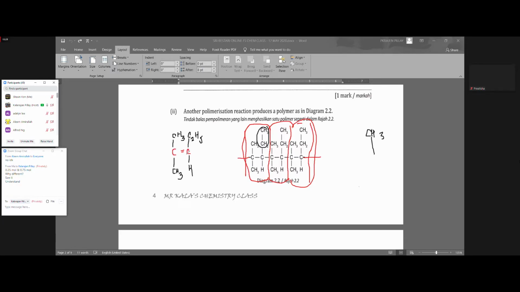We did polymerization of propene to become polypropene. This one is 1, 2, 3, 4, 6, polymerization of hexene, polyhexene, one of the isomers. But make sure the monomer must have a double bond, and the right side and left side must be balanced when you draw the monomer.